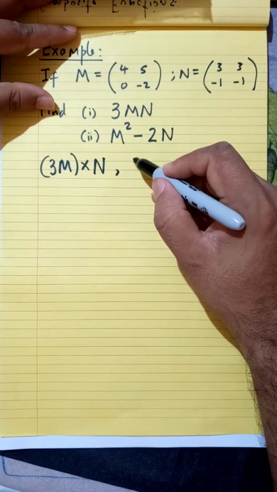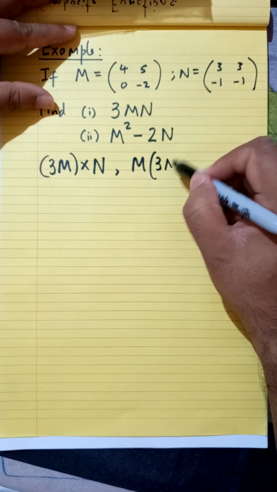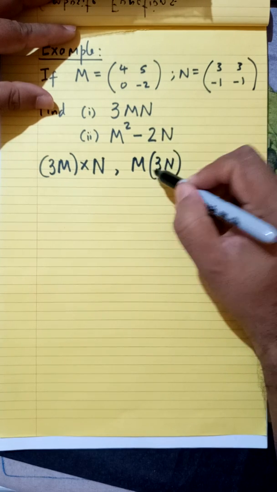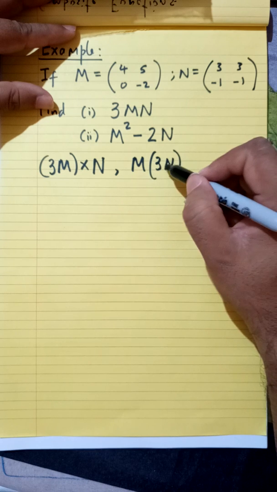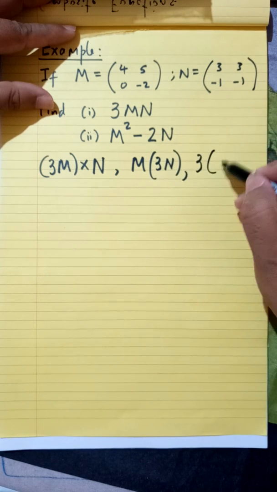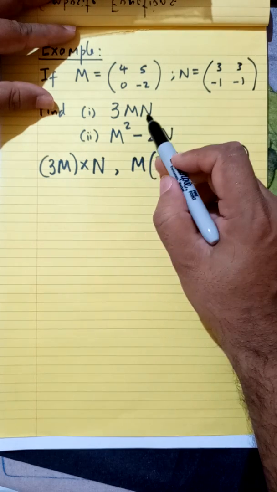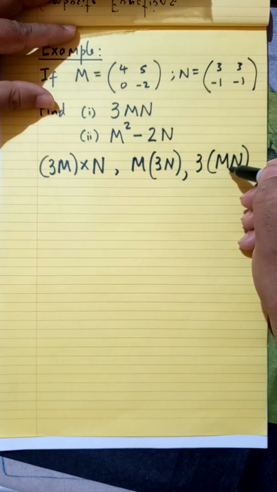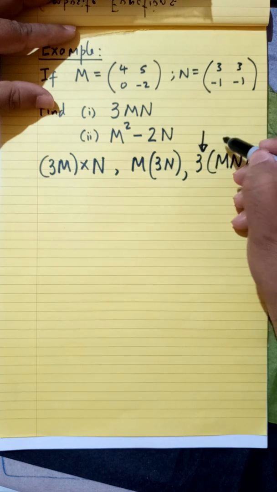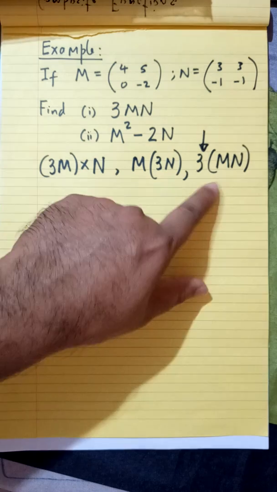Or what you can also do is multiply the 3 times the n, then multiply m times the product of that. Or what you can probably do, which I'm going to do, is multiply m times n, and then when I'm finished, I multiply everything by 3. I kind of like this one.